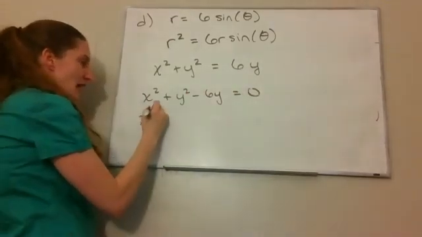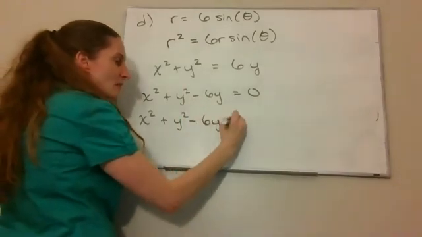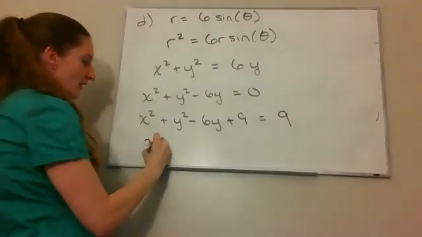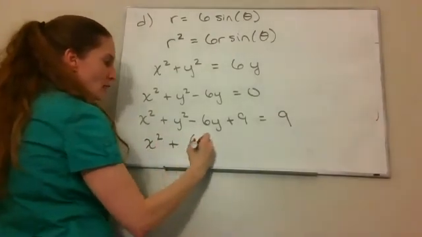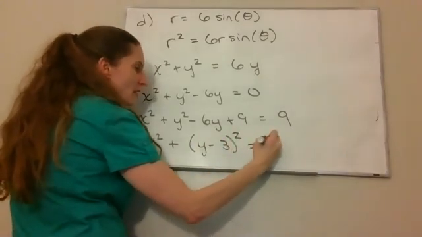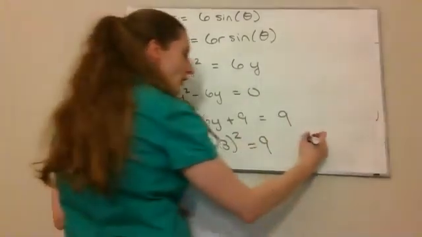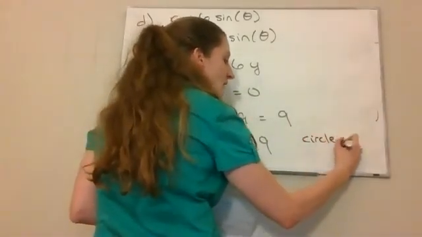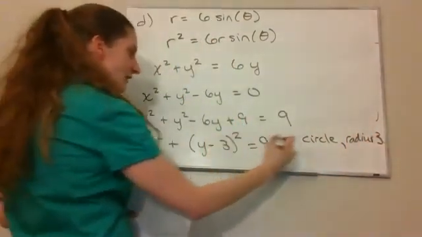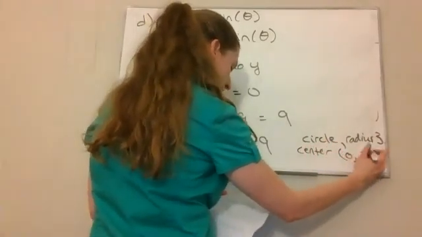And then I can complete the square on the y part. So I add 9 to both sides, and I can rewrite this as x squared plus y minus 3 in parentheses squared equals 9. And now it's very clear that this is a circle with radius 3 and center 0, 3.